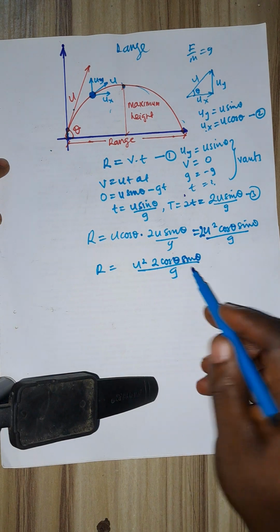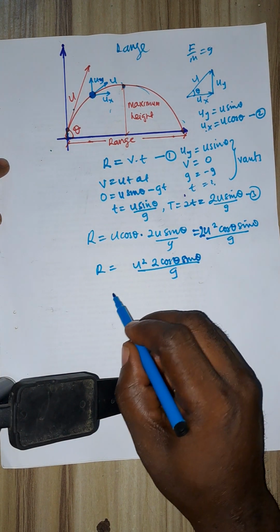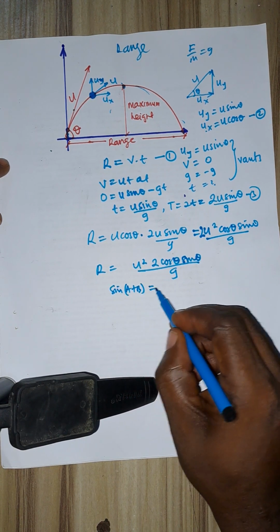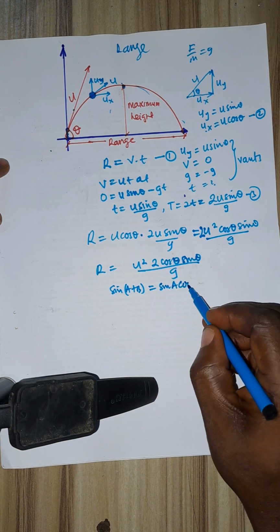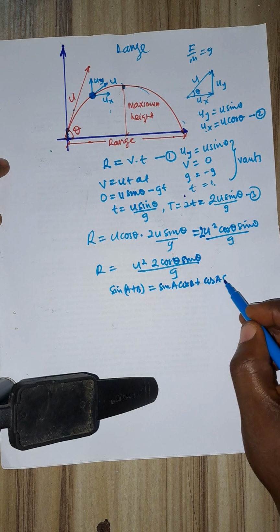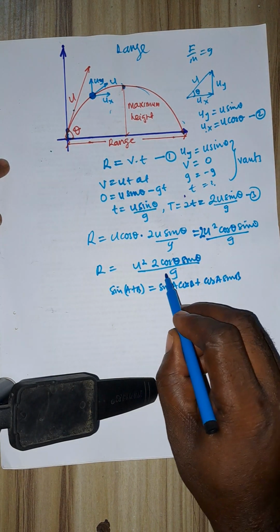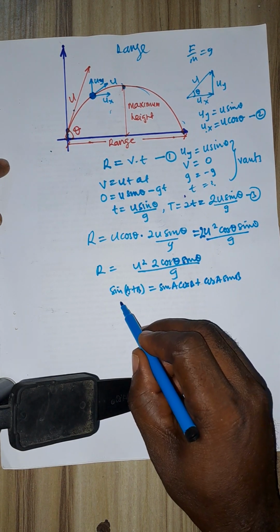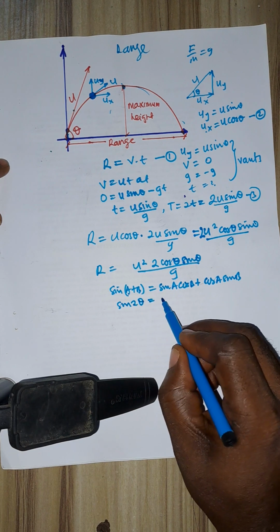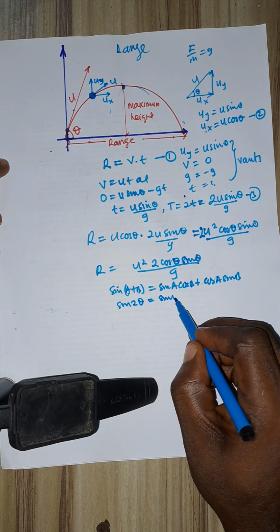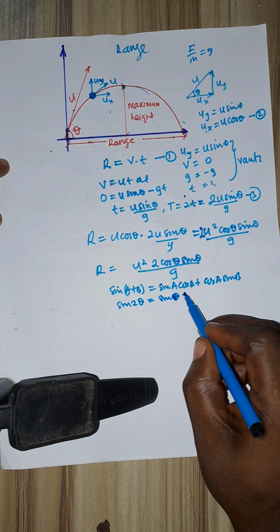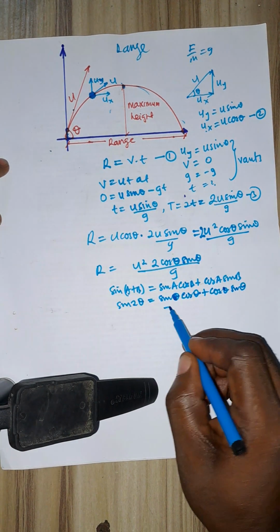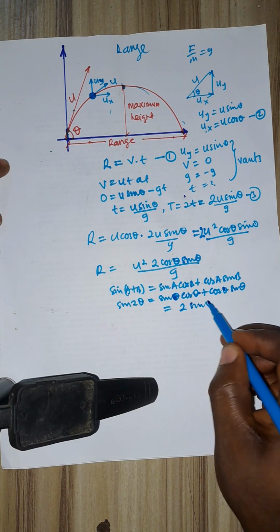However, recall one of the trig identities: sine of A plus B is the same as sine A cosine B plus cosine A sine B. If A and B are equal, we have sine 2 theta giving us sine theta cosine theta plus cosine theta sine theta, which gives us 2 sine theta cosine theta.